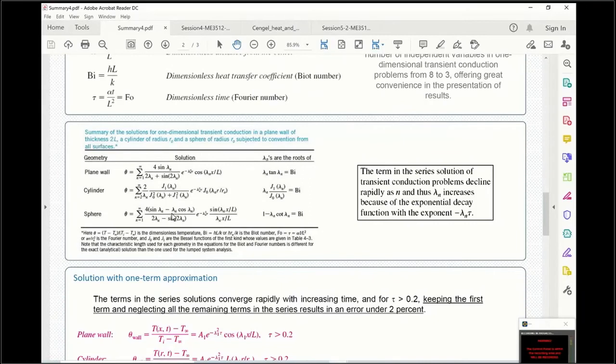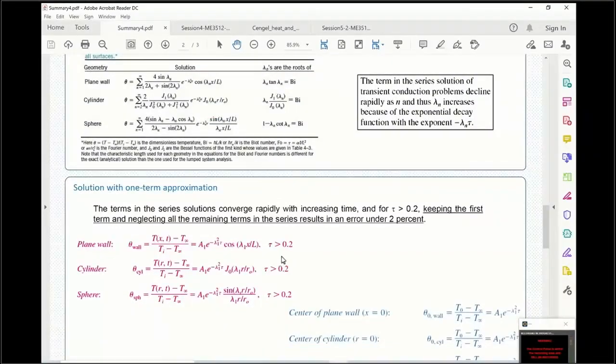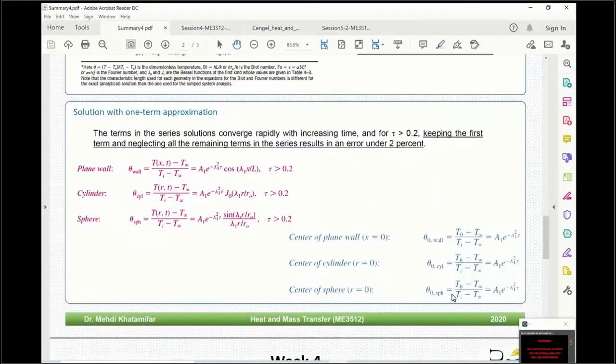I'm hoping to have tau bigger than 0.2, so I can use this first term, one-term approximation formula, which is much easier. And if you go back to the formula, it says the center of the sphere has that temperature. So we are talking about the center, so automatically I'm going to use this one, which talks about the temperature of the center.